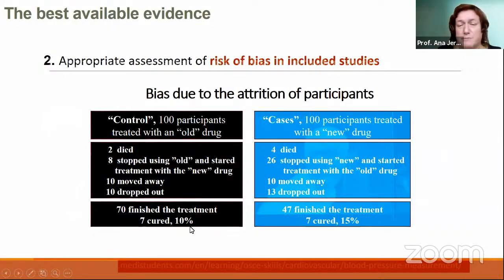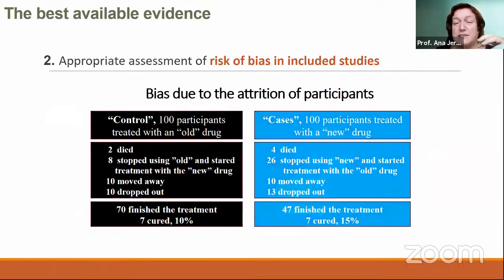And we calculate this percentage, and it seems the group with the new drug is actually better than the old one. However, what we didn't take into account is that 26 participants stopped using the new drug and started treatment with the old drug. So by concentrating only on the number of patients at the end, we're actually introducing bias. We are changing conclusions from this study.